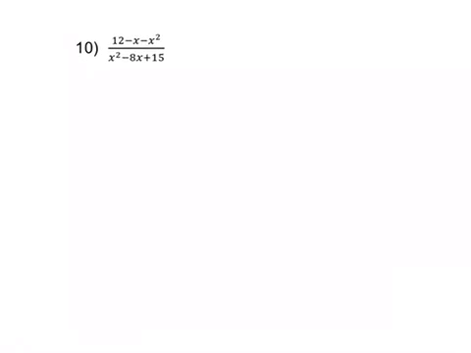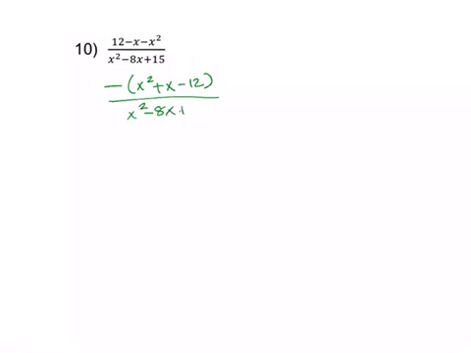And the last one. It's a little bit different because we have trinomials. I'm going to start by factoring out that negative, because when you have a trinomial, it's easier to factor when the x squared is positive. When I factor out that negative, everything changes to its opposite, divided by x squared minus 8x plus 15.